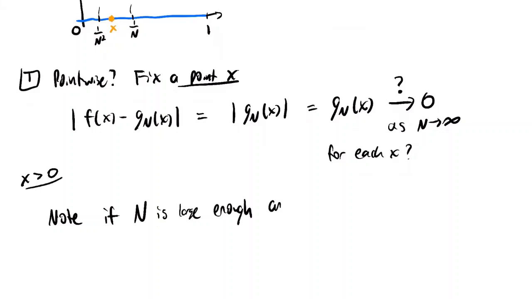If n is large enough, and x is positive, then eventually x is going to be bigger than 1 over n.